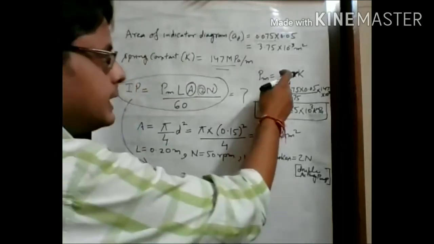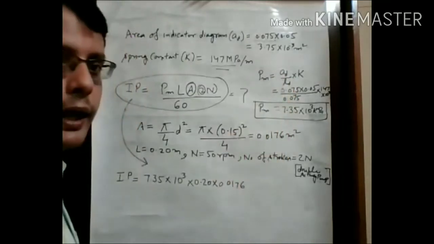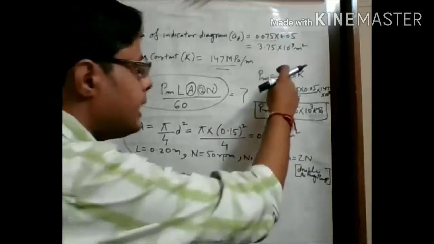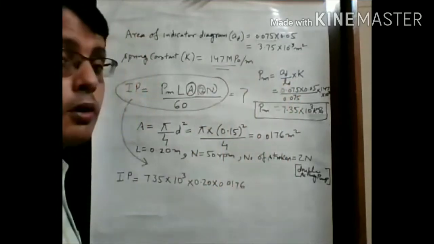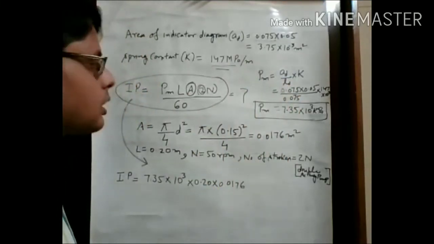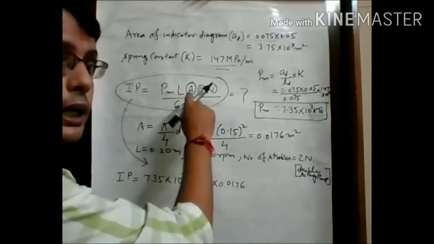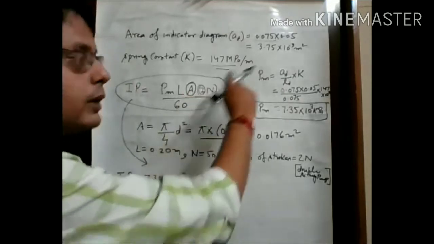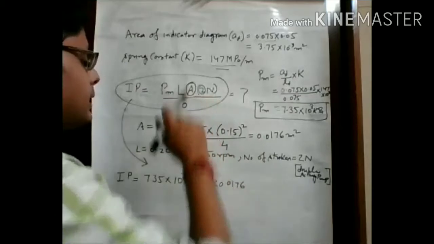Remember, this is AD, the area of the indicating diagram. AD is used inside the expression of mean effective pressure, and this capital A is the piston area. So don't be confused between AD and this capital A.